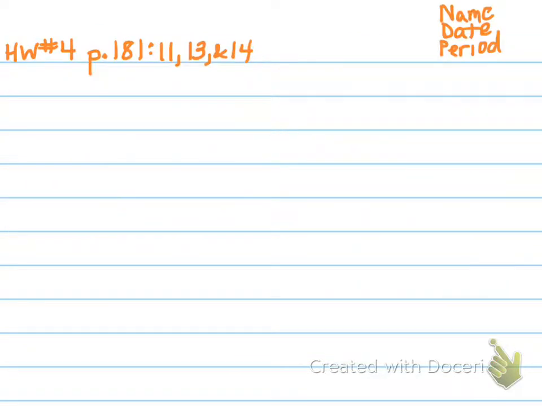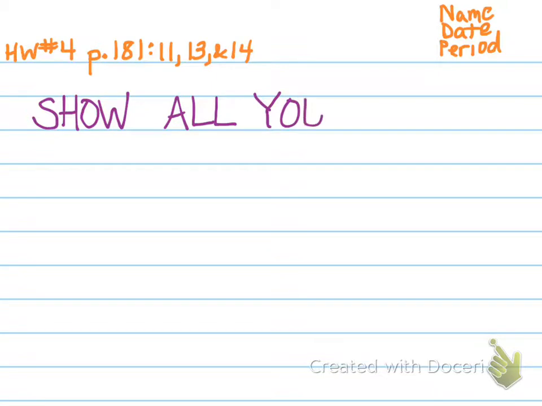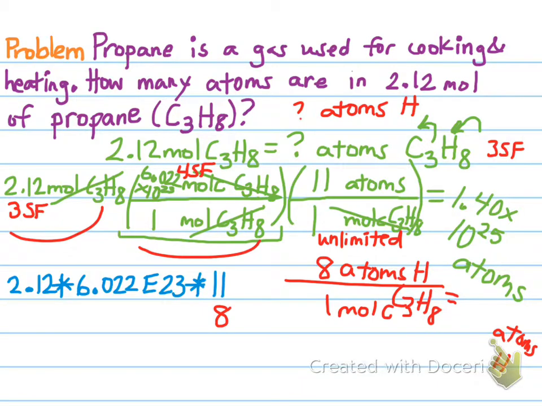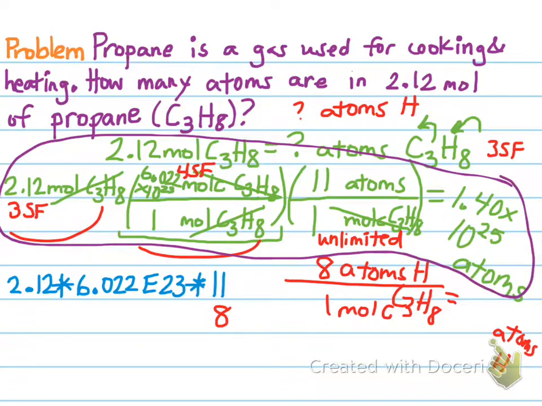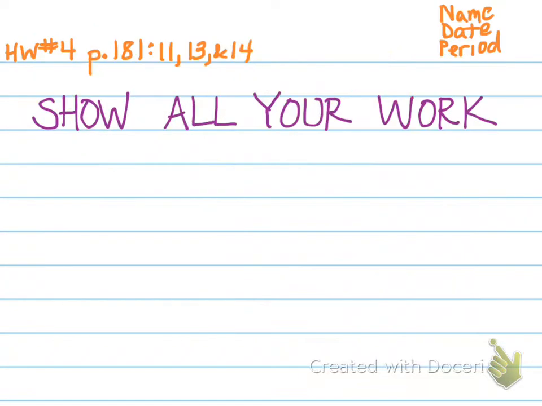So that brings us to your homework assignment, which is on page 181, 11, 13, 14. Again, I'm going to reiterate, you need to show all your work. Like this. Again, this is showing all your work. I want to see work like this on your homework assignment.